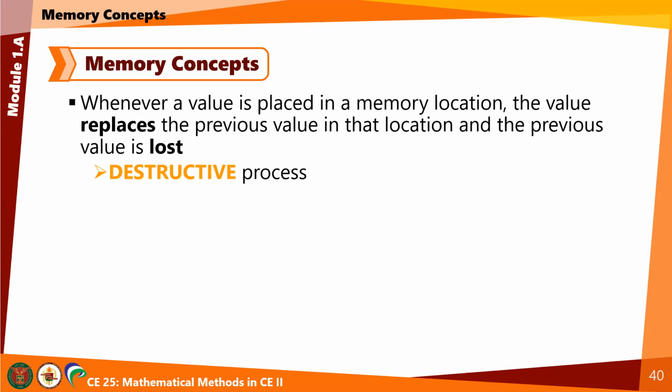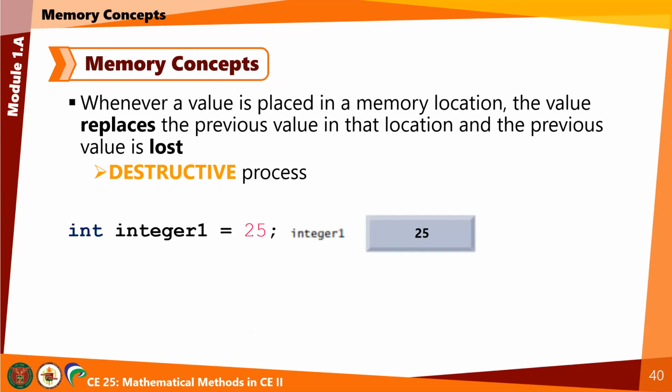Sige, tingnan na lang natin yung code. So here, I declare integer 1 as an int and it will hold 4 bytes, and I will assign a value of 25 to that memory space.